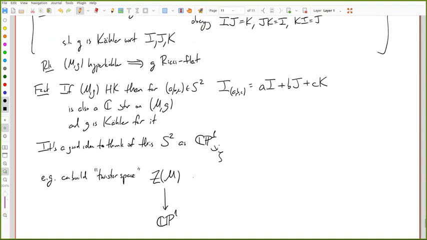So the total space is complex. The projection is holomorphic. Let's call this projection pi, and pi inverse of zeta is isomorphic to the space M with its complex structure I_zeta. So now I'll write zeta for a point of CP1 as a complex manifold.